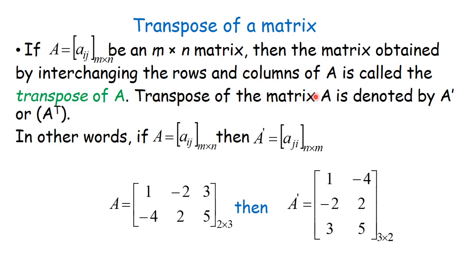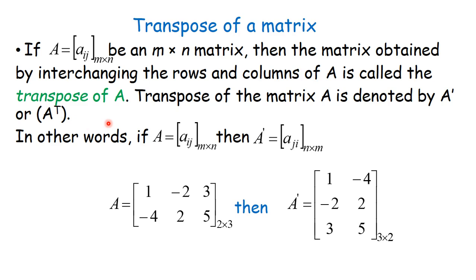The transpose of matrix A is denoted by A dash or A to the power T, A^T. Means transpose of your given matrix is simply obtained by interchanging rows into columns.